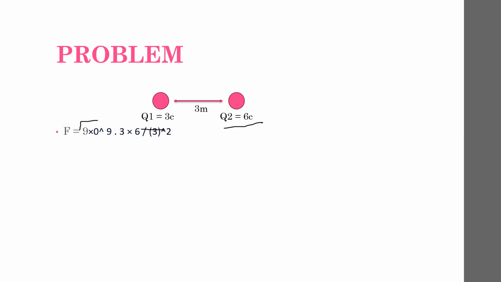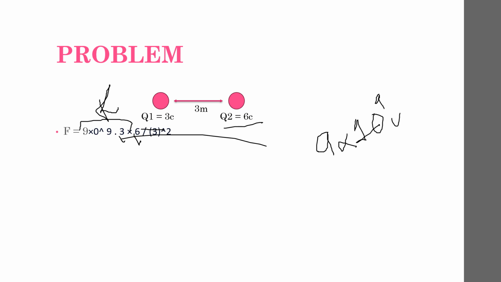Here K is the constant, 9 times 10 raised to power 9. Q1 is equal to 3, Q2 is equal to 6. When 3 is multiplied by 6, the answer is 18.